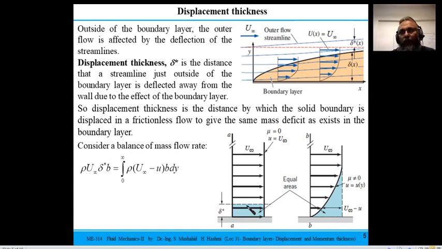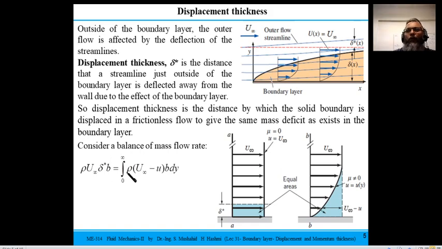So you see your velocity in this viscous region, at a particular value of y, is u infinity minus u, and if you take the strip, the distance of the strip would be dy, and if you multiply by the width of the plate, that is b, you get the area.